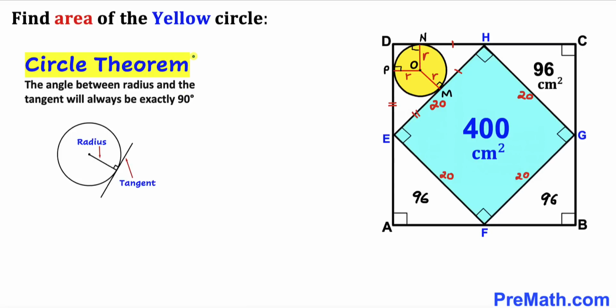Now let's recall the circle theorem. According to this theorem, the angle between the radius and the tangent will always be 90 degrees, as you can see in this diagram. So no wonder in our case these angles are going to be 90 degrees each, since these lines are our tangents and these are our radii.